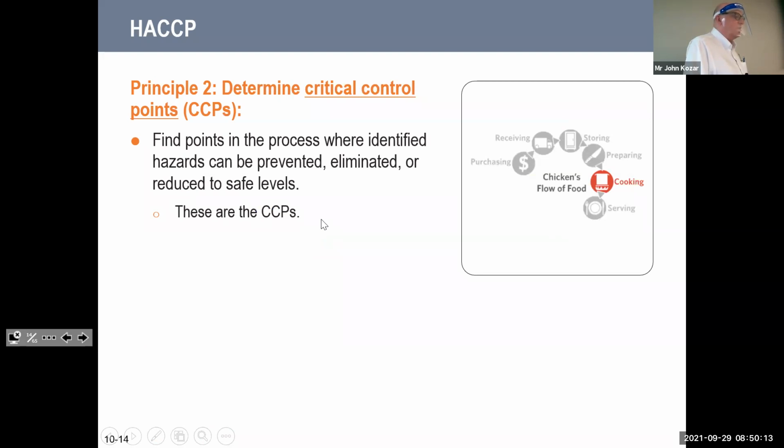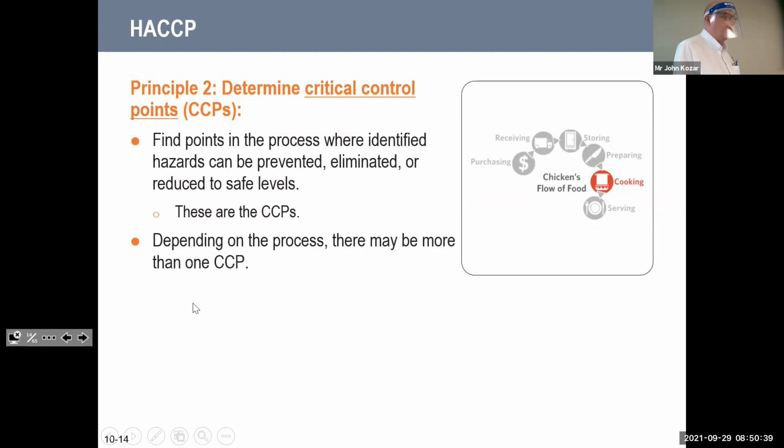So determine those points and the points in the process where identified hazards can be prevented, eliminated, or reduced to safe levels. And these are called CCPs, critical control points. So when we're making the chicken sandwich, we identify the cooking as the critical control point.